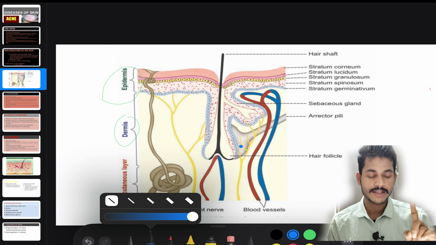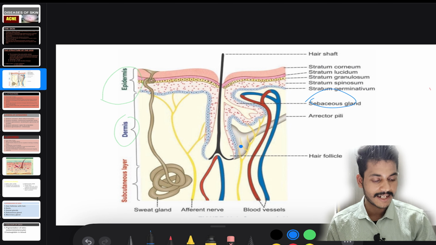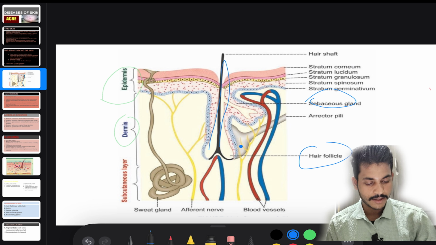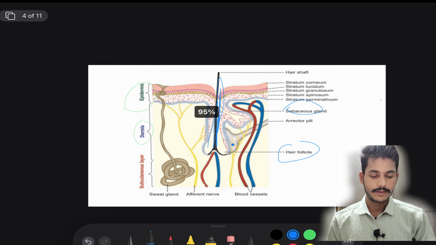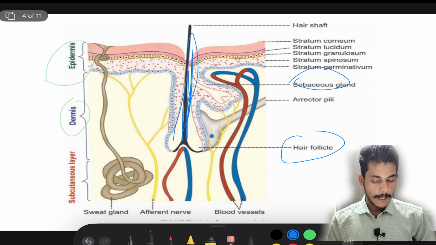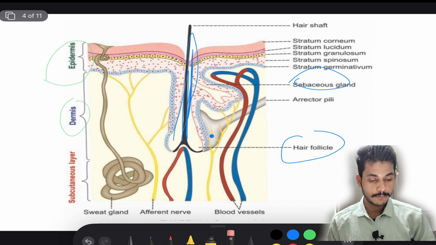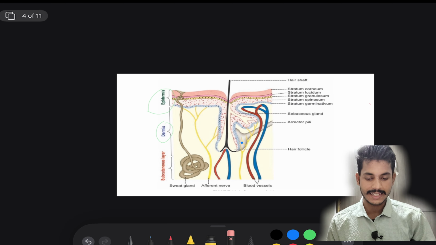Remember, the pilosebaceous unit consists of the sebaceous gland, the hair follicles and their shaft. So these regions are basically referred to as the pilosebaceous unit. Now, let's move ahead and discuss the appendages of skin.